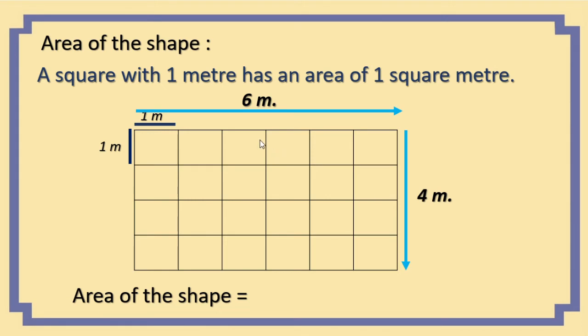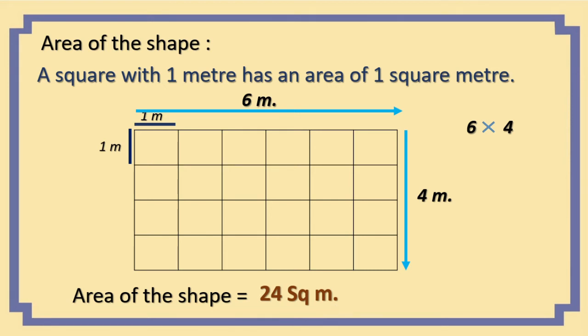Now we will multiply these two. That is nothing but 6 multiplied by 4. How much? 6 times 4. 6 fours are 24 and the unit is square meter. Remember here, because these are given in meters, we have to write square meter.